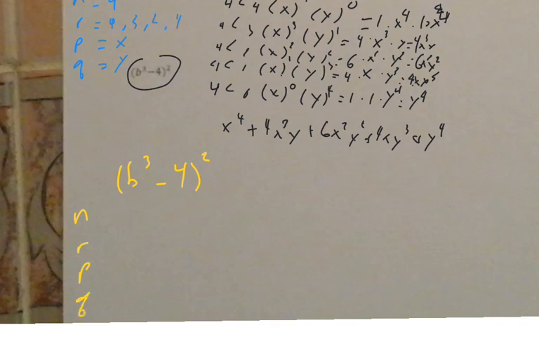Remember our formula is nCr, p to the r, q to the n minus r. So our n value is our power, in this case 2. r is our power down to 0, so 2, 1, 0. Our first term is b cubed, and our second term is negative 4.